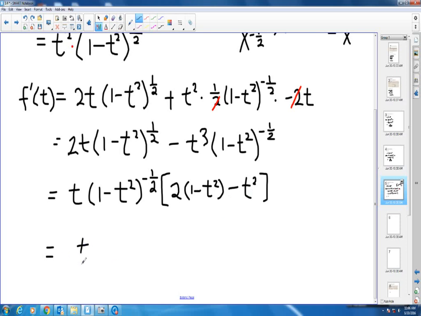So that will be t times 1 minus t squared to the negative half power times 2 minus 3t squared.